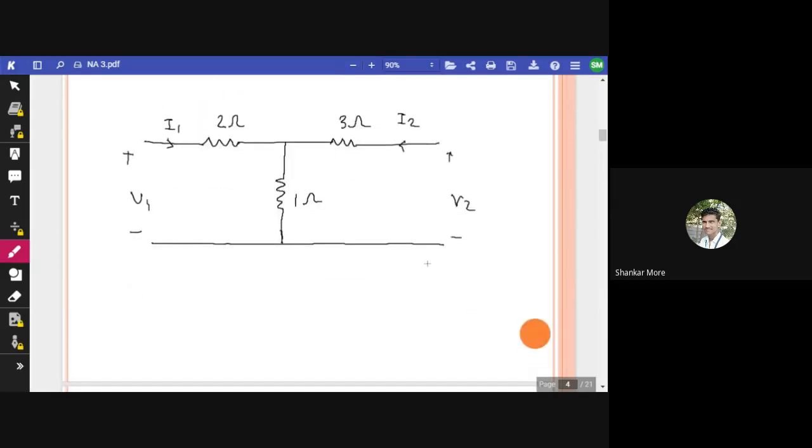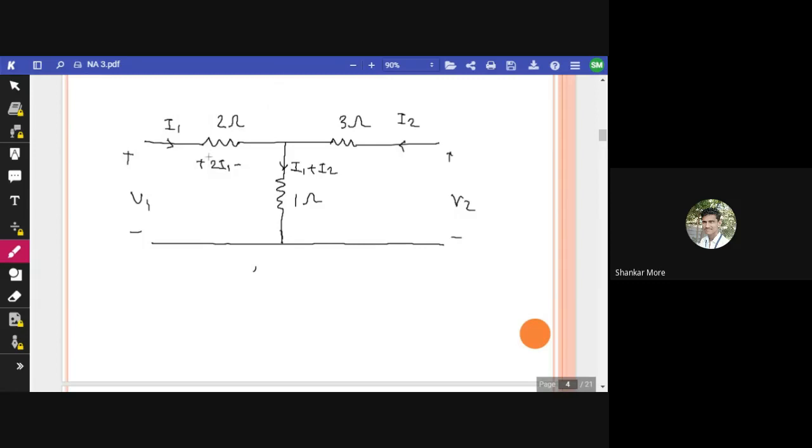Now see, this I1 current is coming from this side, I2 current is coming from this side, so the total current flowing through this branch will be I1 plus I2. Now the voltage across this resistance will be 2I1, isn't it? Plus where the current enters, and negative, minus, where the current exits.